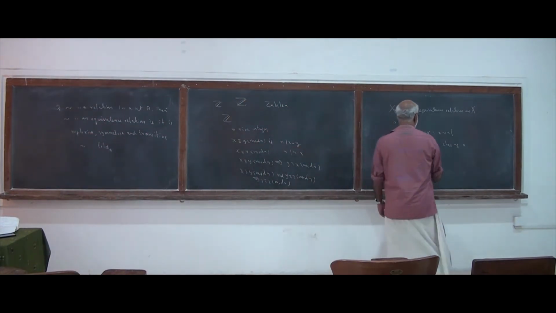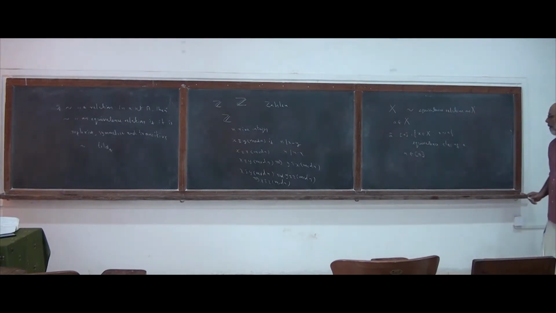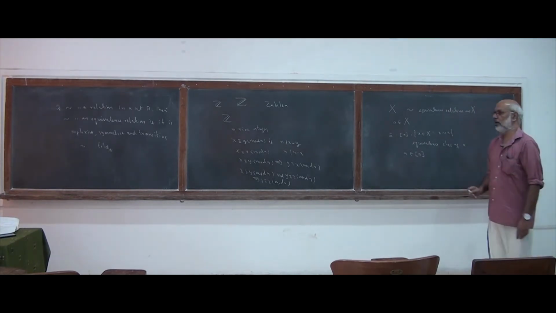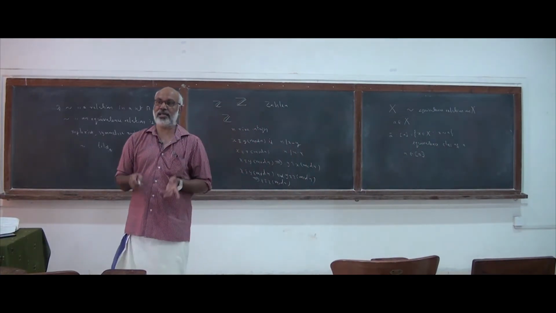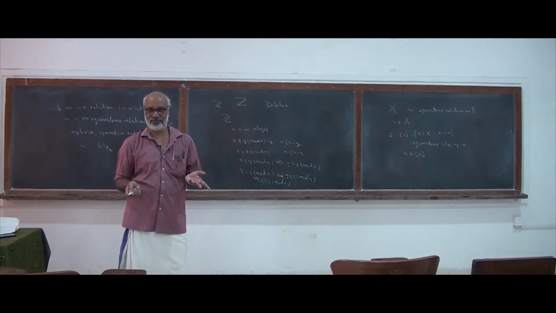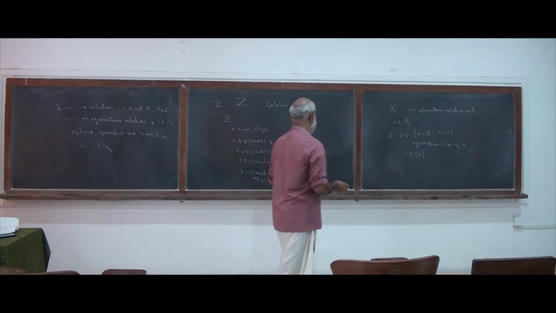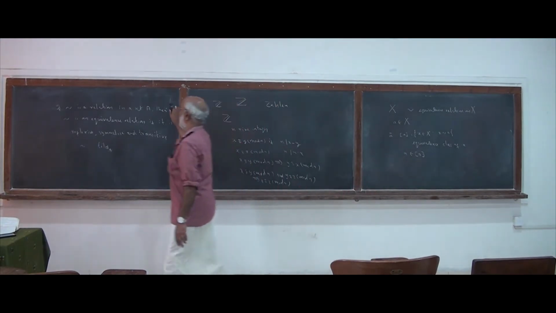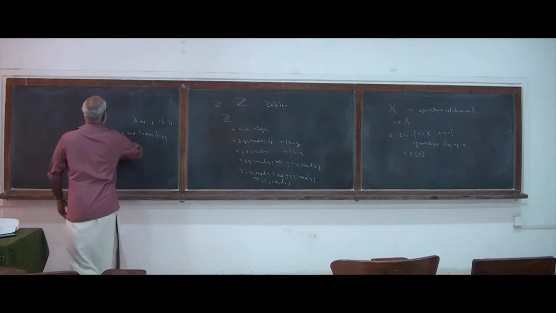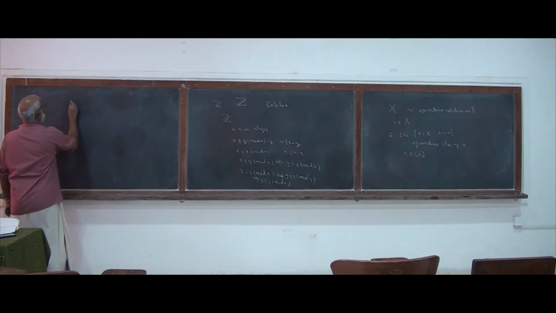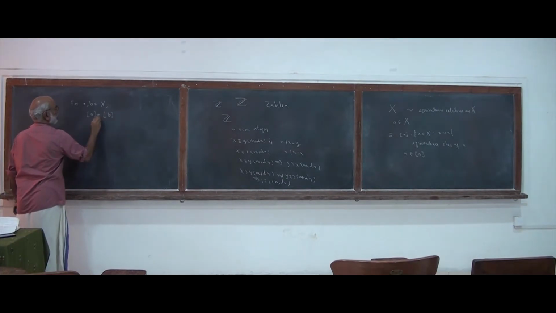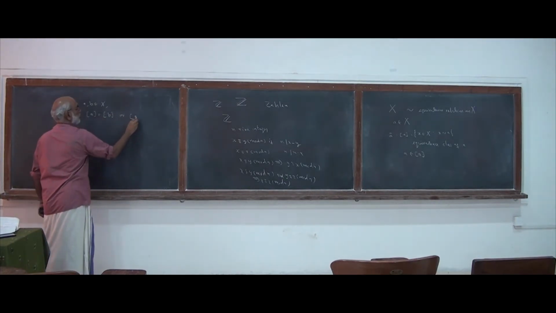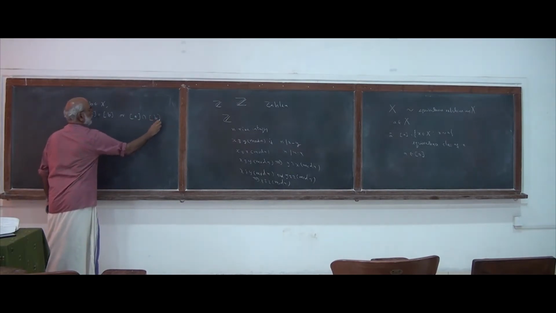Also, you can see that if you take two elements A and B, their equivalence classes are either equal or disjoint.